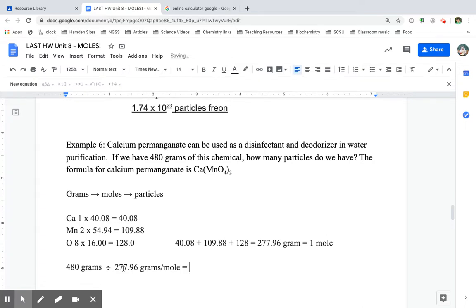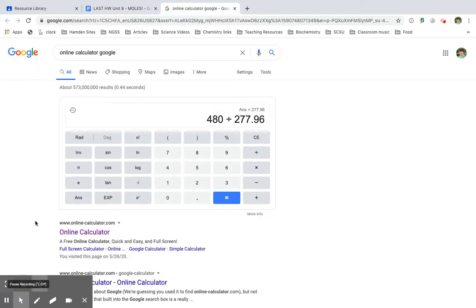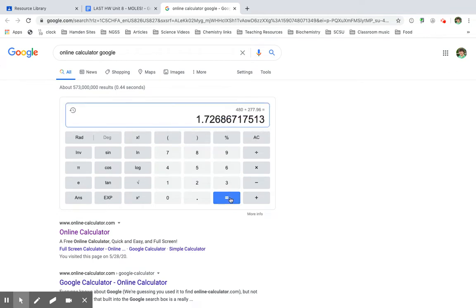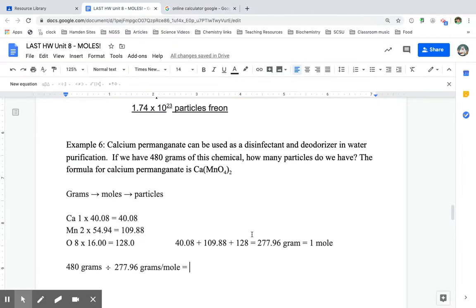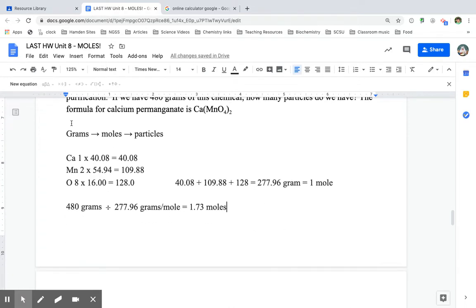And we get 480 divided by 277.96 is 1.7. I'm going to round it to 1.73 moles.